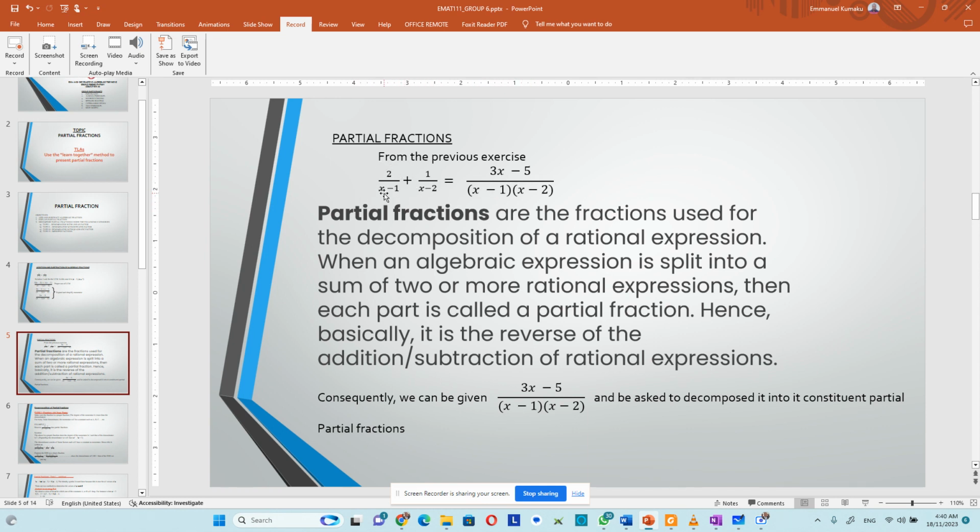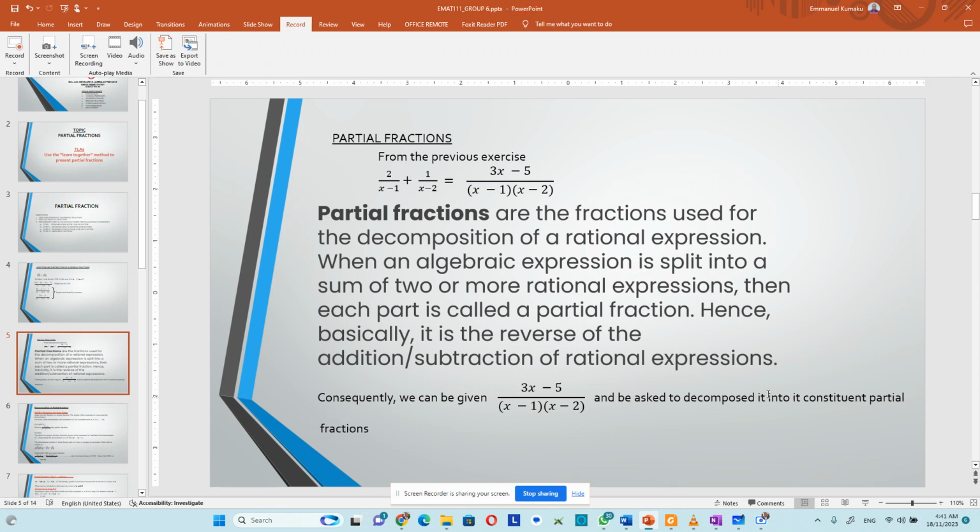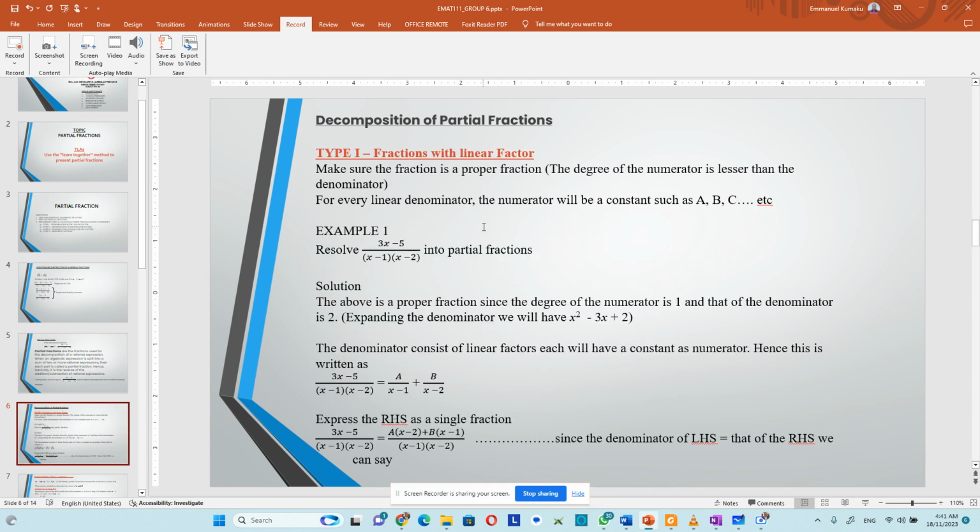So this is a partial fraction, this is a partial fraction, and all come together to make the whole of this. So consequently, we can be given this expression, 3x minus 5 over x minus 1, x minus 2, and be asked to decompose it into its constituent partial fractions.